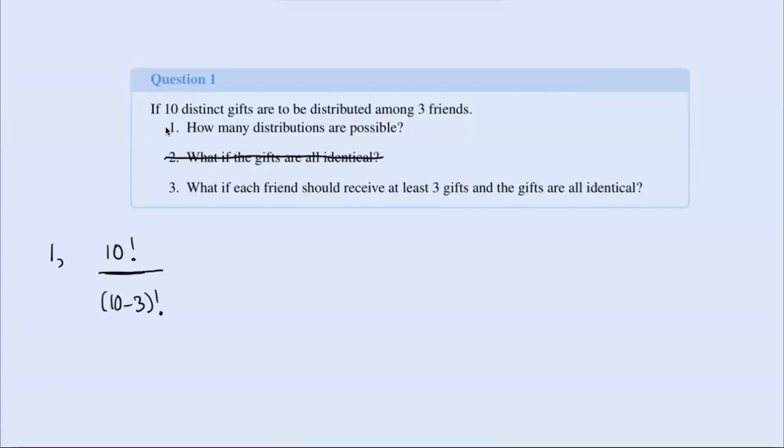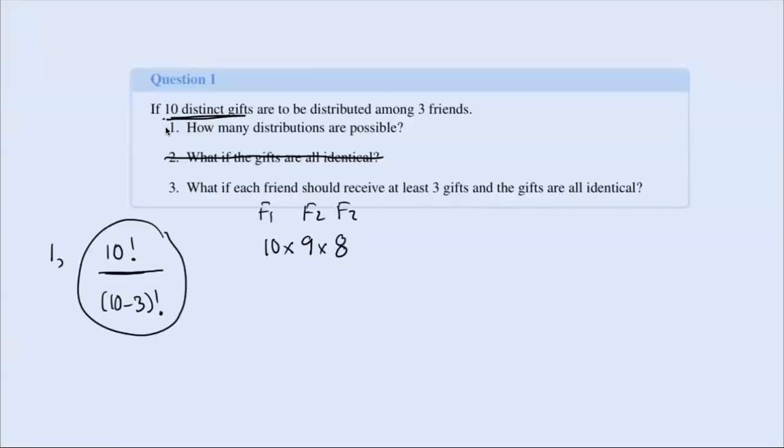The thing is, we want to distribute all the gifts. This number here, what it means is like 10 times 9 times 8, right? Which means you have 3 friends, friend 1, friend 2, and friend 3, and then you give each of them one gift. Then that is the number of ways to distribute the gifts if each of them receives exactly one gift.